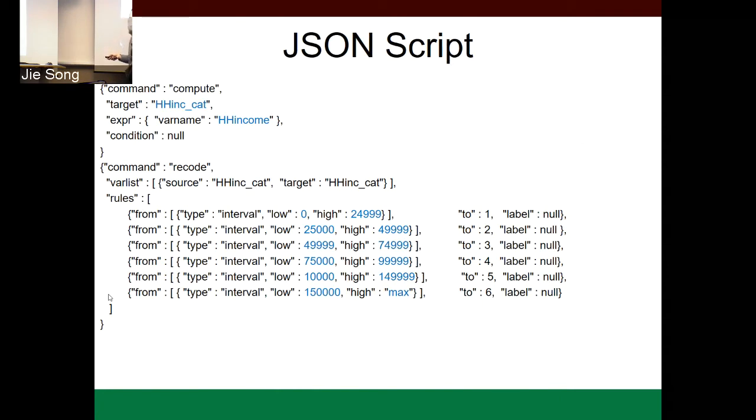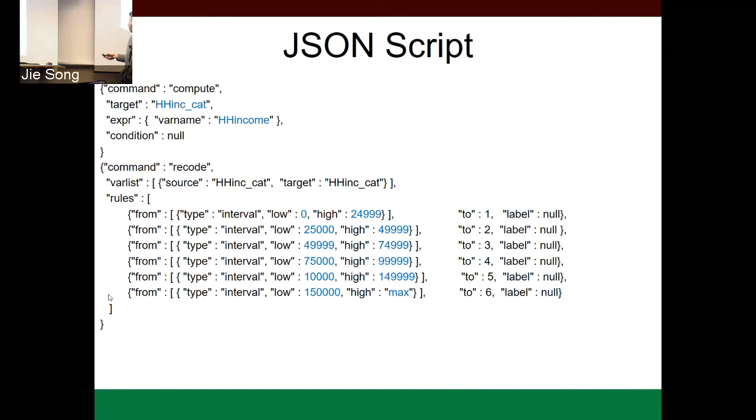And then we convert it to SDTL. This is the SDTL representation for this command. It's a command we call compute. The compute will have a target variable, which is the output of the compute. And the expression will have the variable name as the input of this compute.